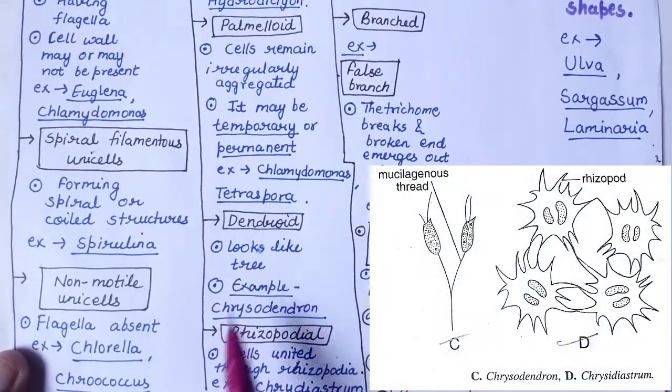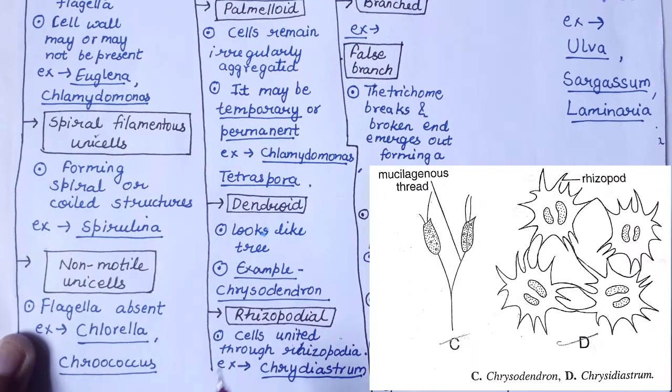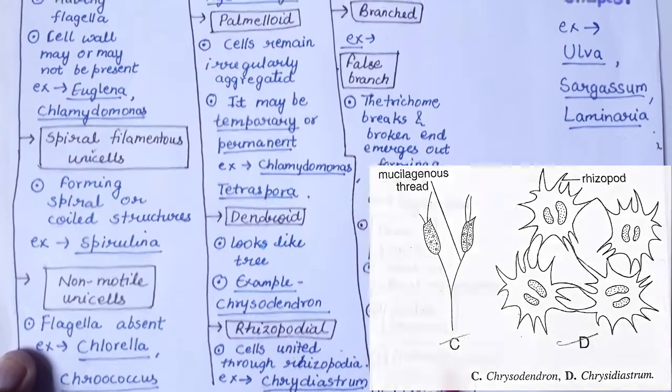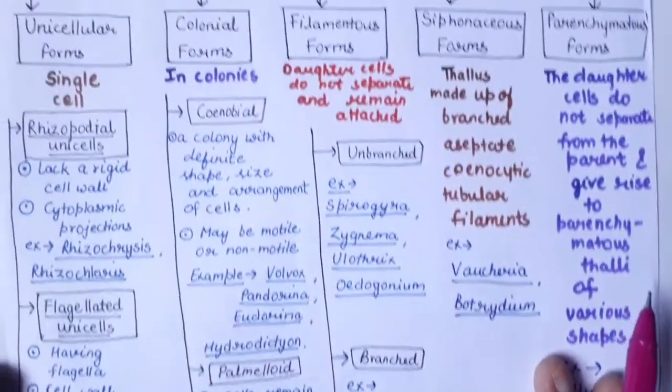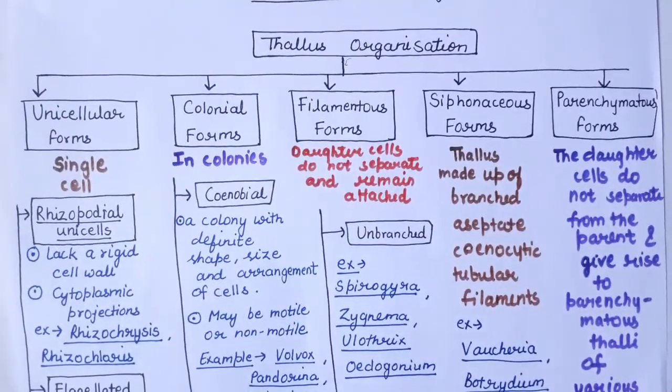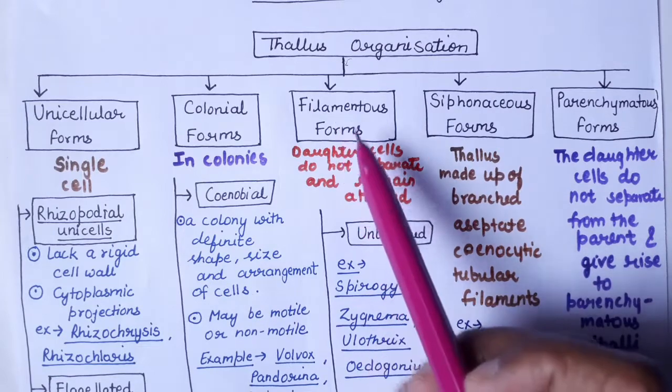It looks like a tree and an example here is Chrysodendron. The next category is rhizopodial colonial form. In this case, the cells are united by means of rhizopodia. An example here is Cyrtdiastrum.